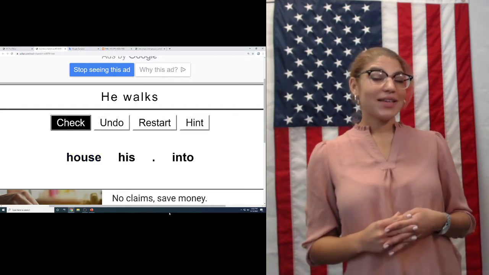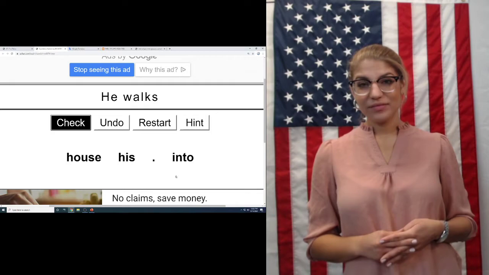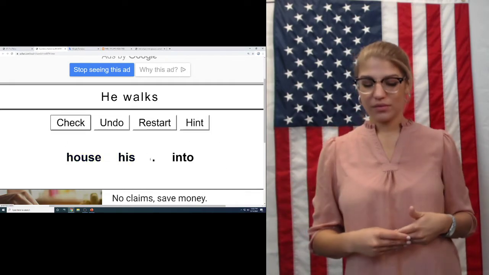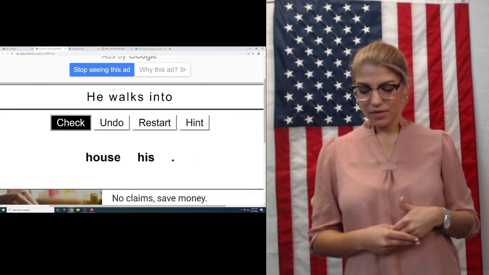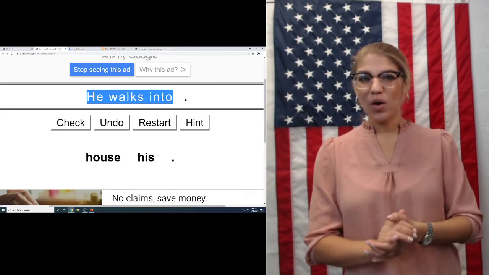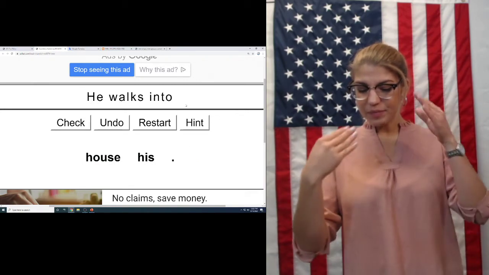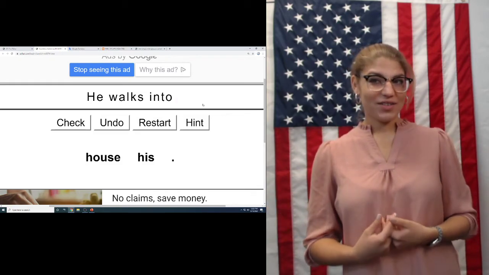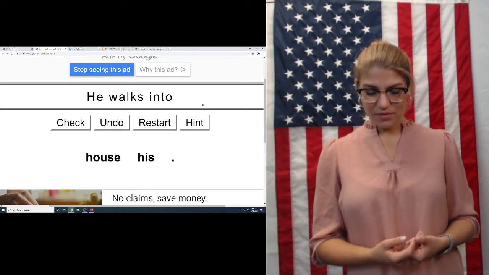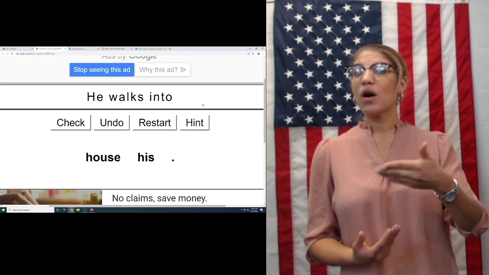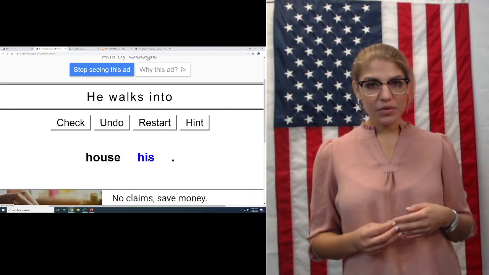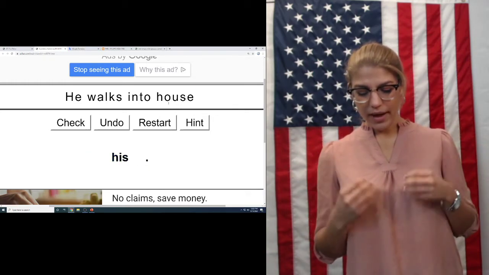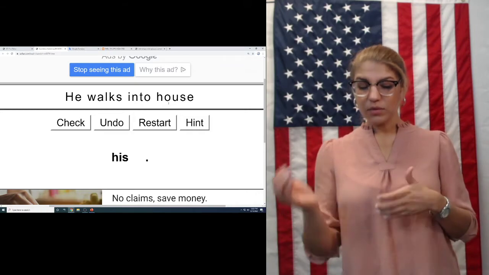Where does he walk? He walks into. Beautiful, Miss Carlita. He walks. Where? Into. Where does he walk into? He walks into house. But whose house? Into es como dentro.